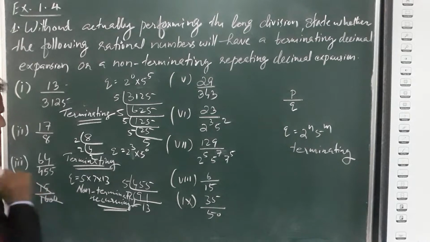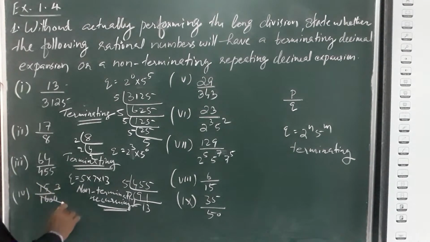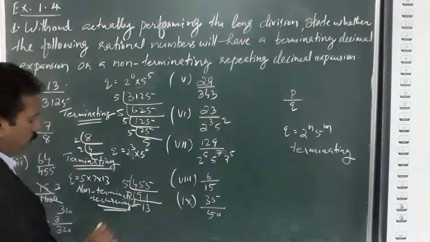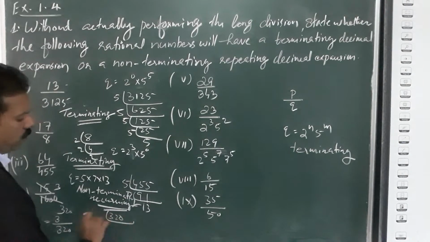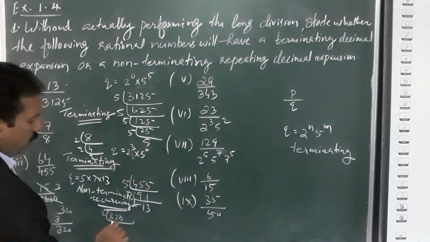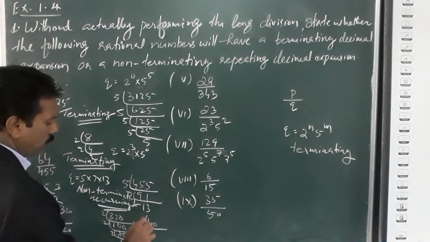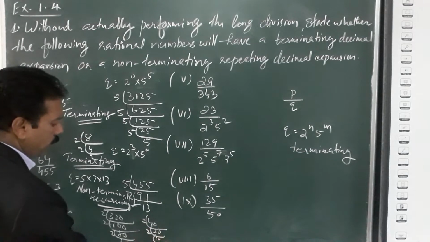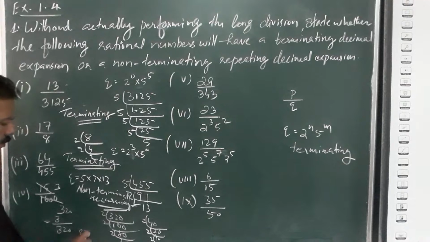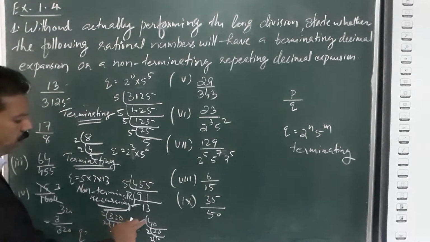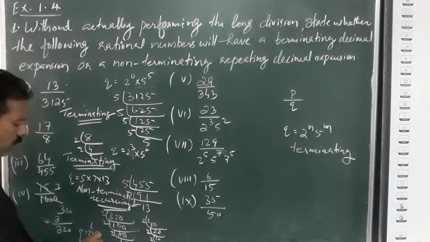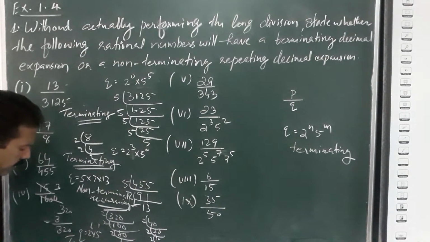First you have to cancel the common factor. 5 threes are 15, 5 times 320 is 1600. So it is equal to 3 divided by 320. 320 you have to factorize: 160, 80, 40, 20, 10, 5. Now q is of the form: how many 2s? 1, 2, 3, 4, 5, 6. 2 raised to 6 into 5 raised to 1. Therefore, it is terminating.